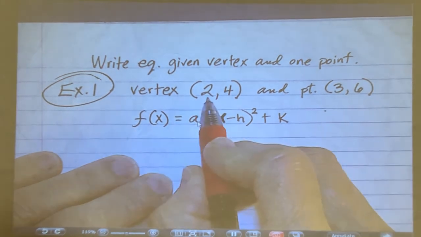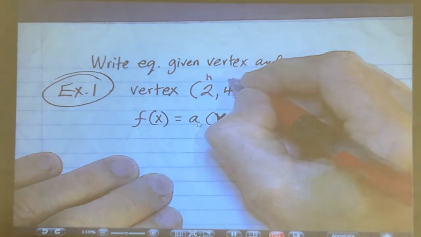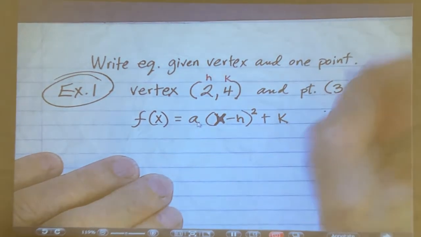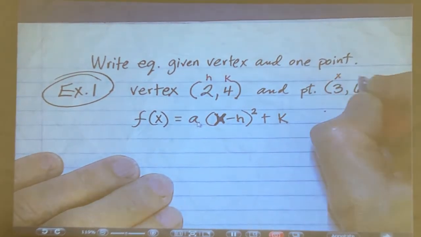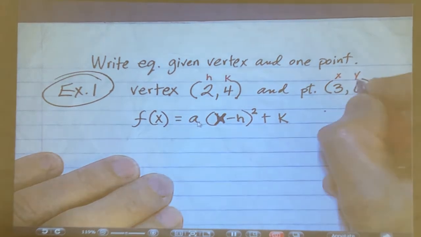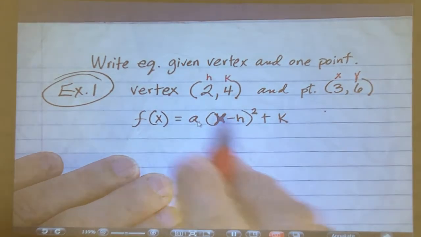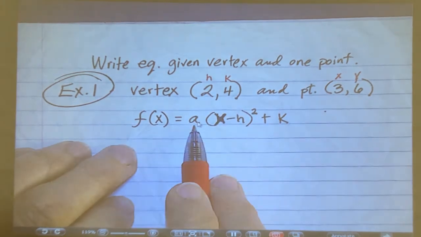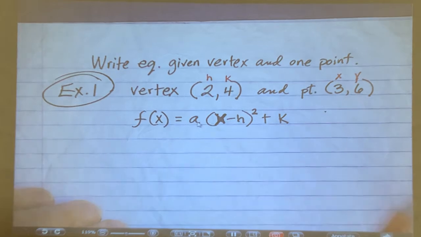If this is the vertex, remember this is the h and this is the k coordinate. And if this is just some random point, then this is just some generic x and y value along that parabola somewhere. So now I have an h, a k, an x, and a y, which means I can replace them in all of these places.